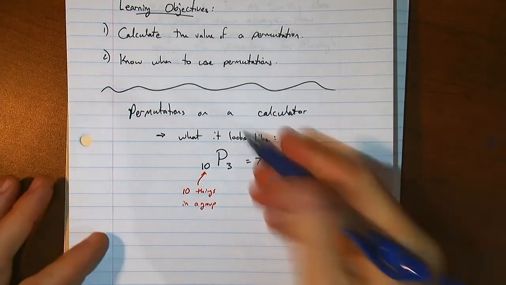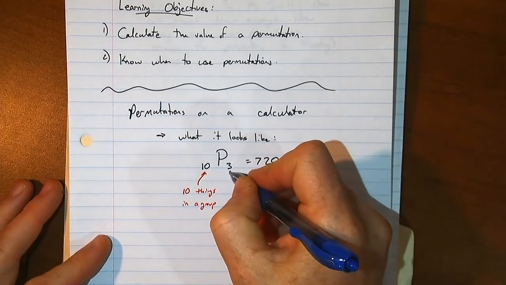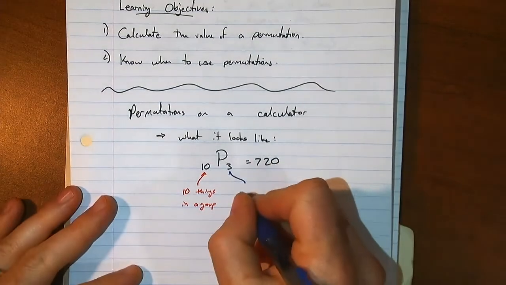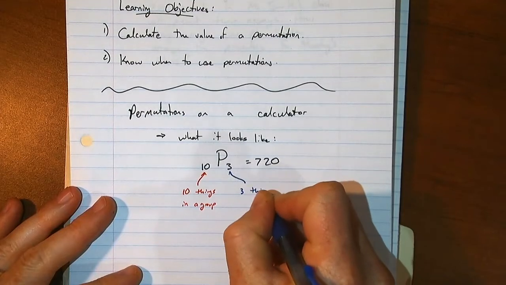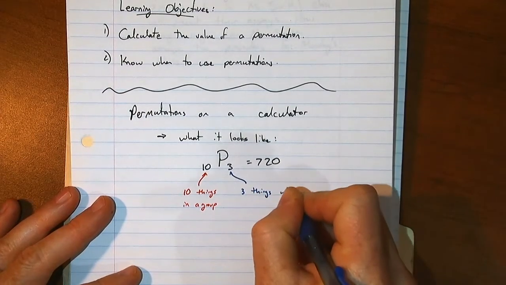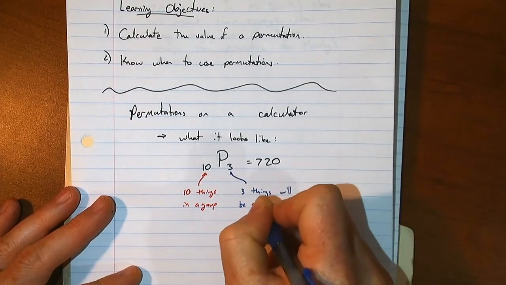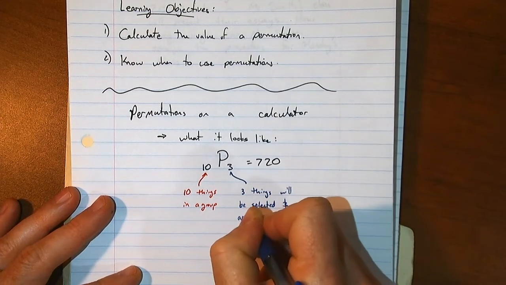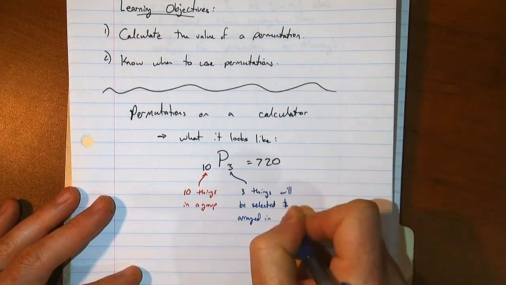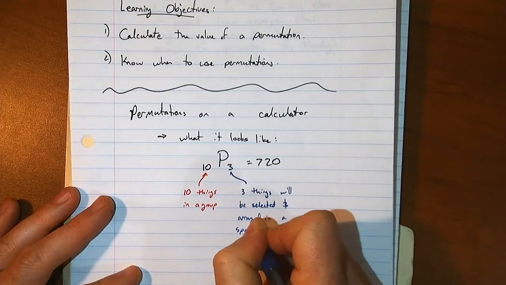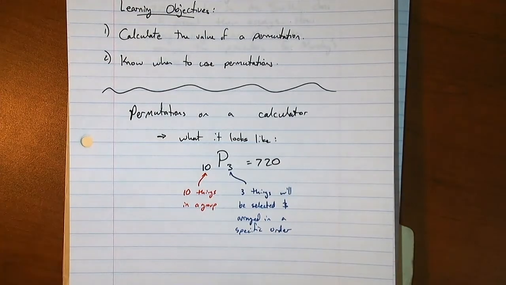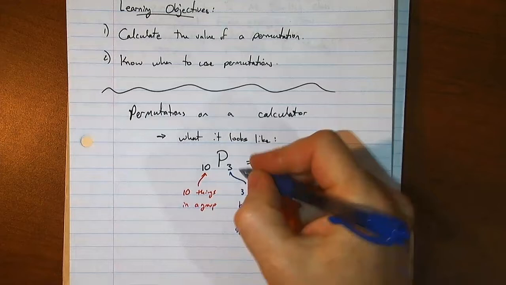And this number over here means I'm going to pick 3 things from that group and arrange them in a specific order. Three things will be picked out of the group and arranged in a specific order.